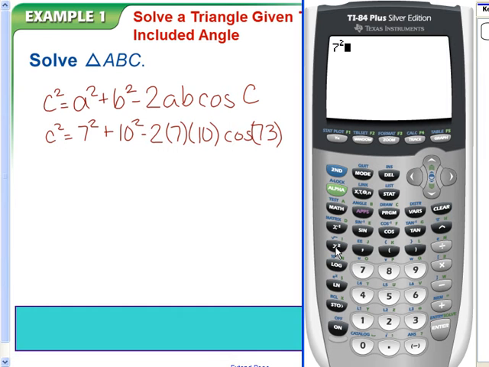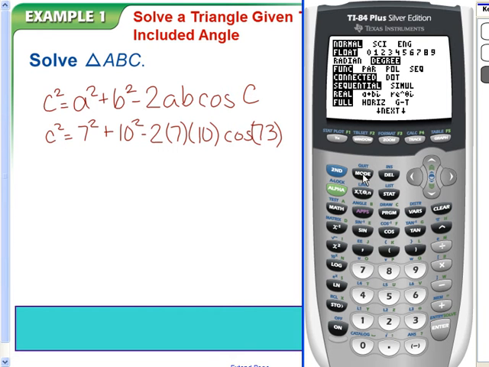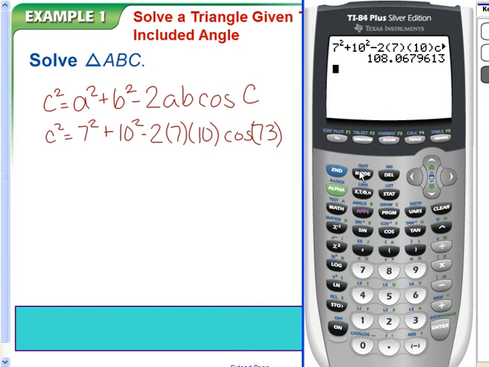Now I hope my calculator is set in degrees, otherwise it'll come up with the wrong answer. That is the correct answer. If you got a different answer, you go to mode, and then you go down to radian, over to degrees, press enter on the degrees. But I was already there, so it doesn't matter.